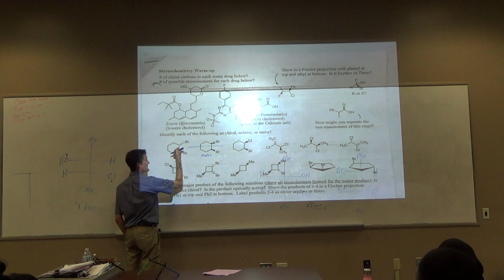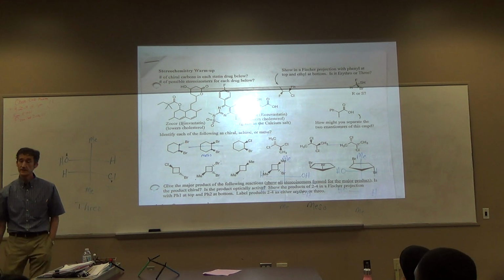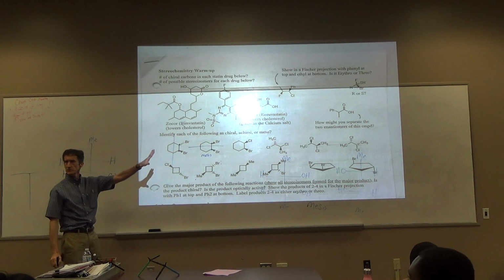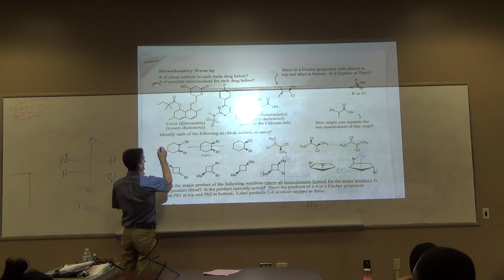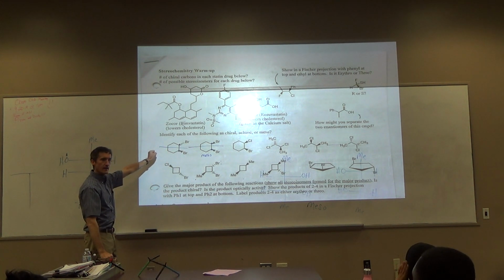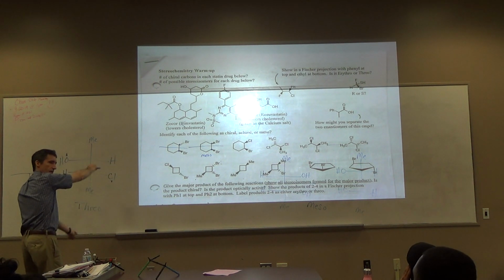Come back over here. Does this have chiral carbons? Yes. Does it have a plane of symmetry? Okay, obviously that's not a plane of symmetry. Two bromines over there, they aren't two over here. But is this? No, because with a bromine going back, you would have to have another bromine going back for them to mirror.